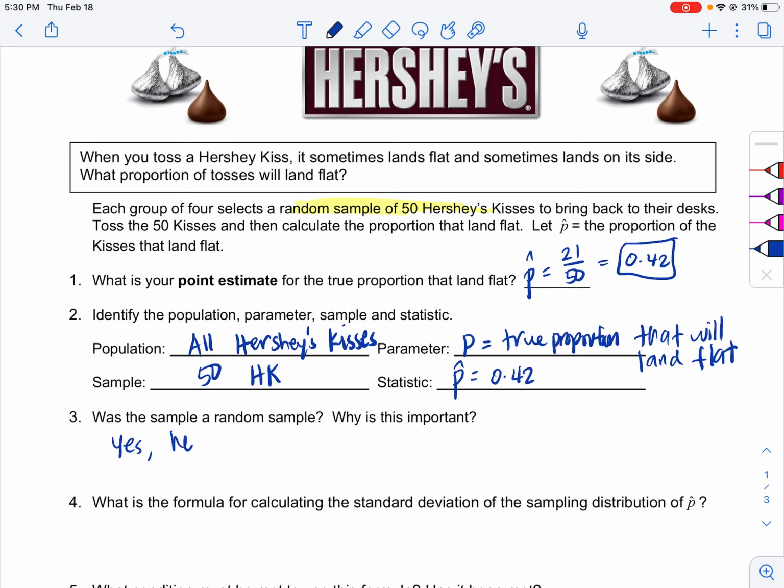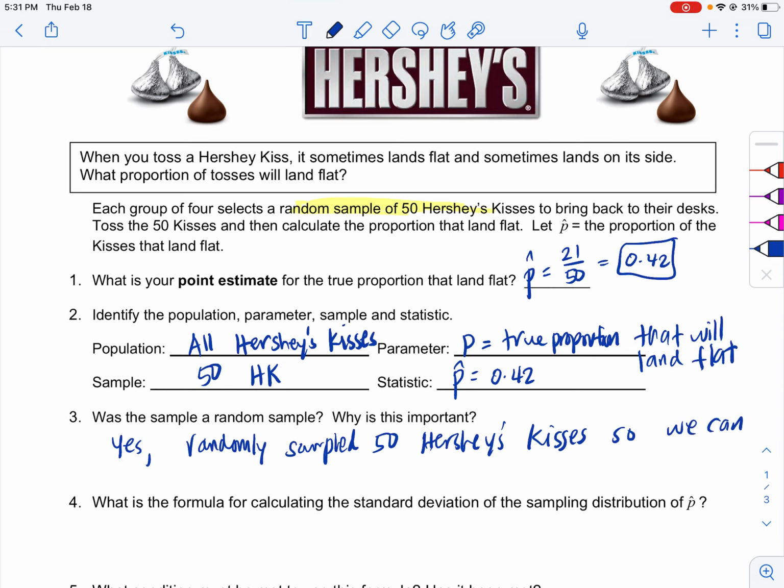It was a random sample, randomly sampled 50 Hershey's Kisses, so we can generalize to the population of kisses.